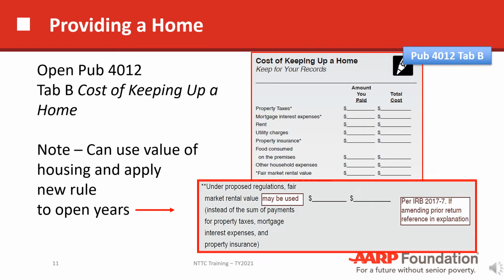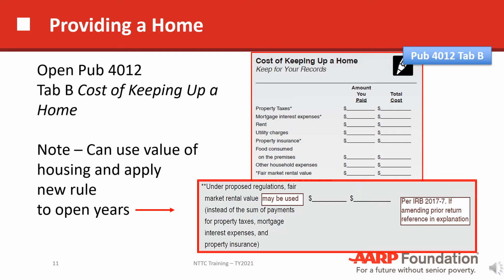But there was also a ruling, if you notice on this slide, that you can use the value of housing and apply the new rule to open years. So if you'd rather not determine how much you paid in property taxes, mortgage interest expenses, rent and utility charges, apparently there was a judgment at some point that said you can use the fair rental market value of your residence.